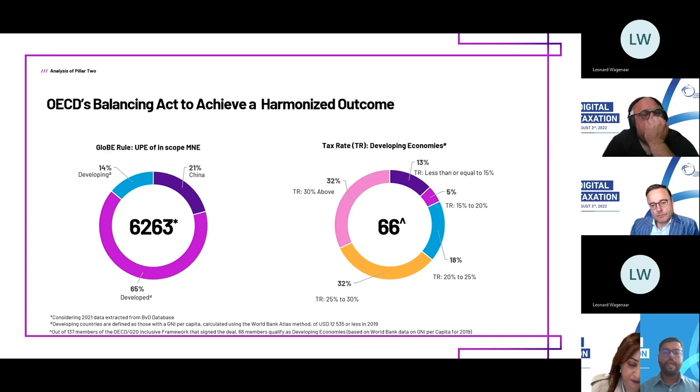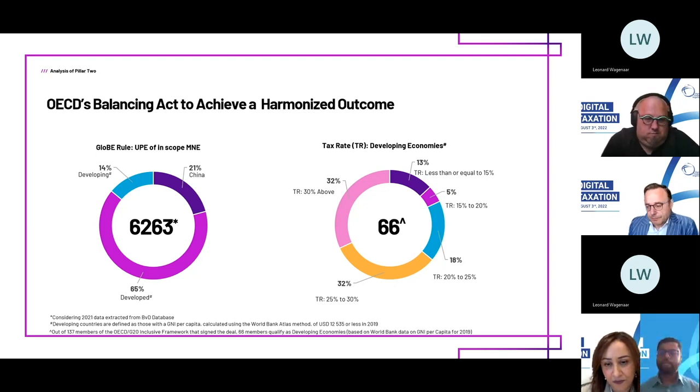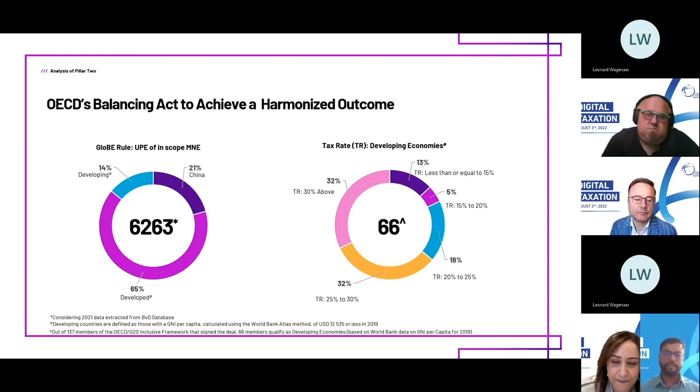But one can, at least from a tax point of view and in theory, by looking at these two data points, draw some inference to come to a conclusion that the GloBE rule may have a neutral outcome, STTR would be beneficial, and hence there is a harmonized outcome for both developed and developing economies. But this is theory. In practice, how it turns out to be, no one knows. We need to wait and see how the outcome looks when we actually implement it.